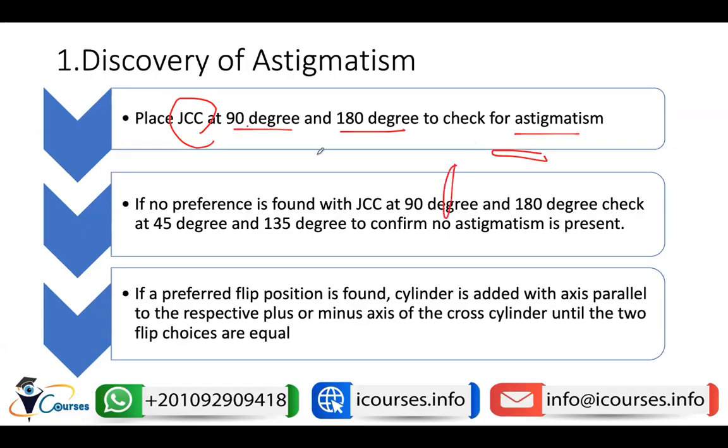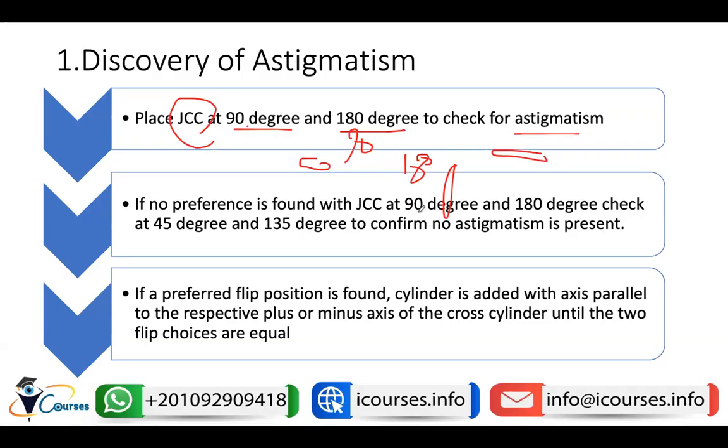This will cause screening of the 180 and the 90 degrees meridians. This will result in screening of all these axes. If the patient has no preference at all, then we can proceed to the next step. But what happens if the patient has a preference?